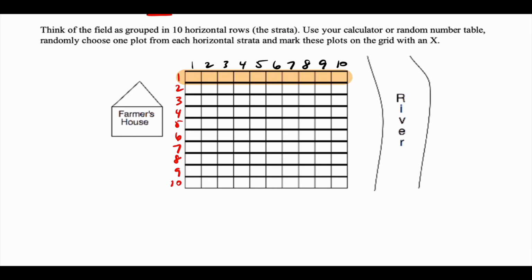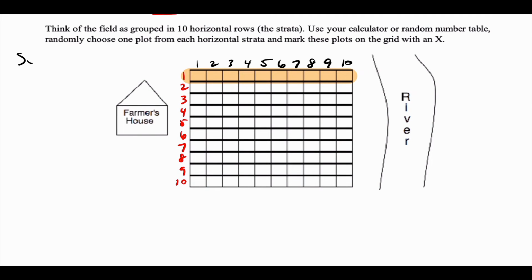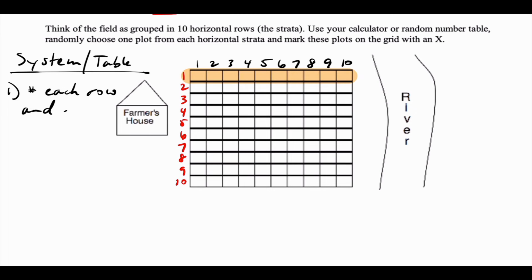Okay. So the first thing I have to do is number each row and number each column, just like I did last time. That's the first step.